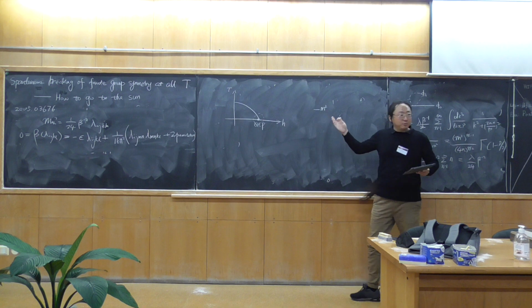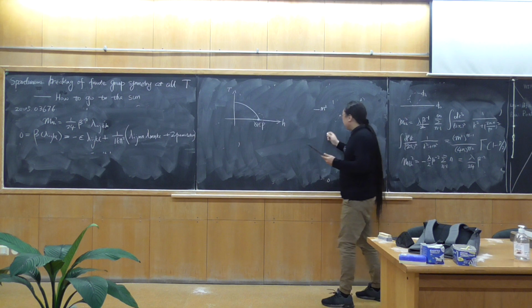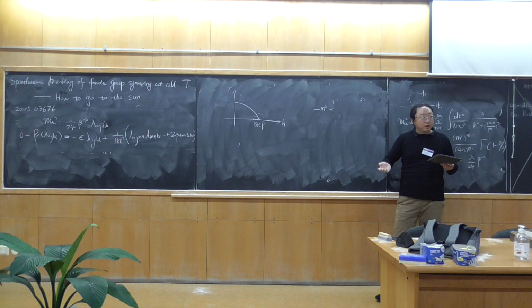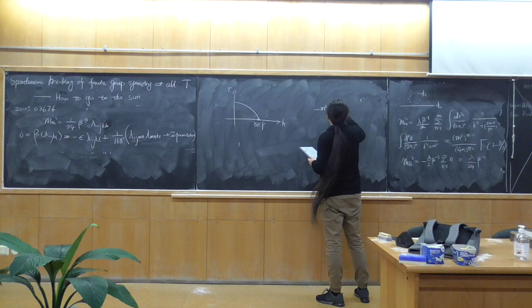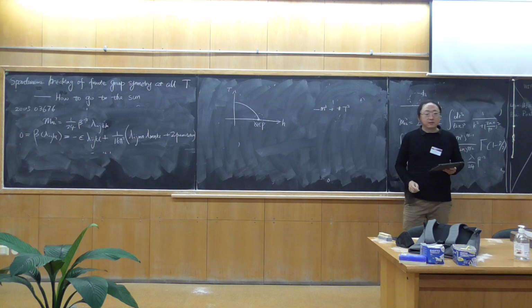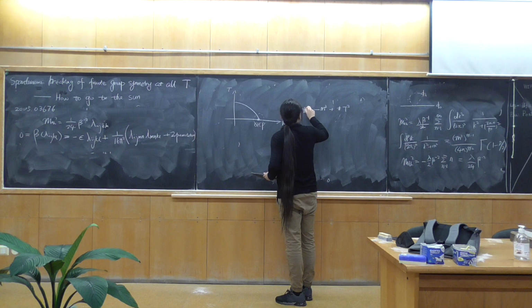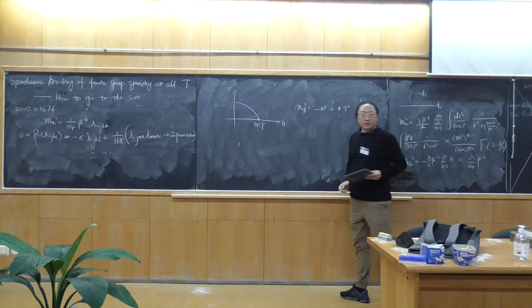I tune my mass to be some negative number, and I would have another contribution which is coming from the thermal contribution, which would be some number t squared, right? This is the thermal contribution. Together, it gives me my so-called effective mass.